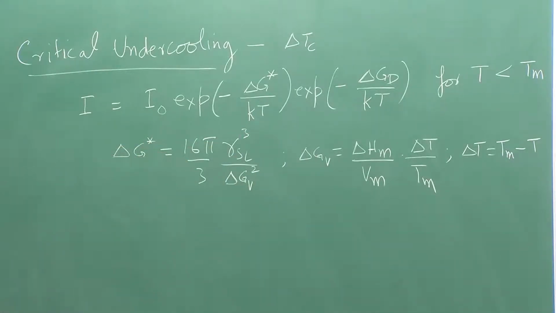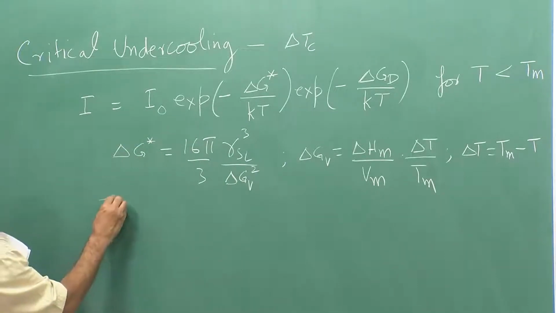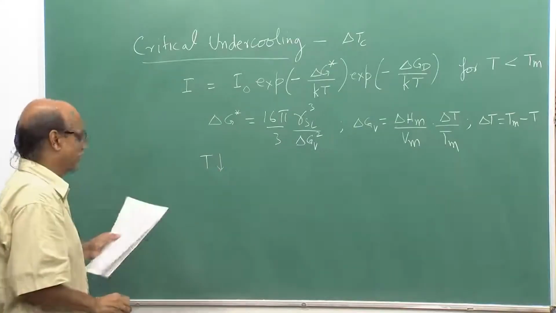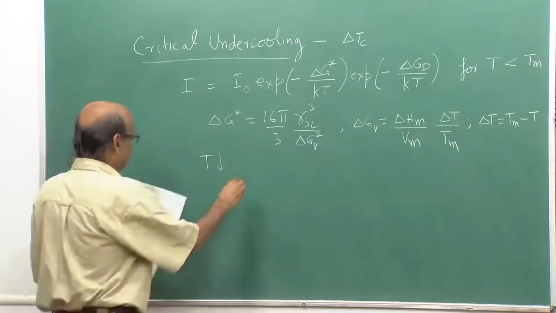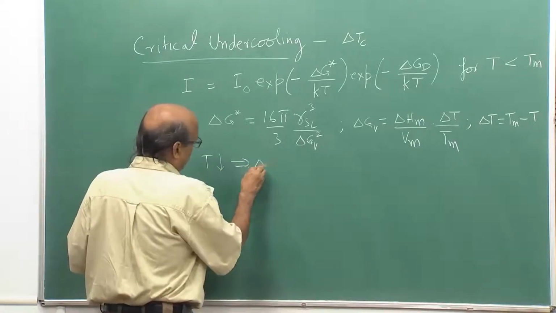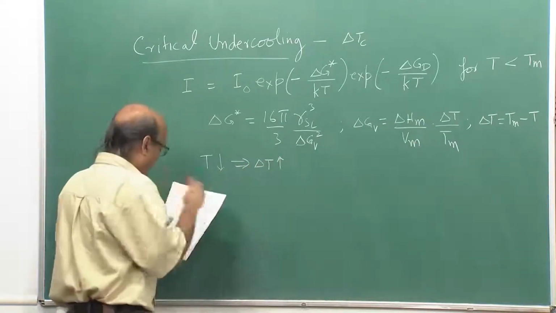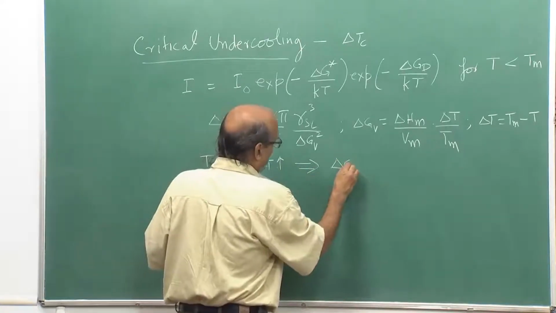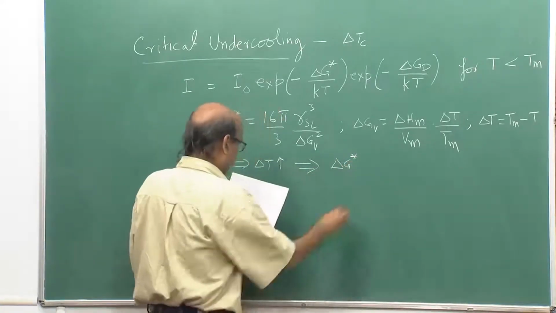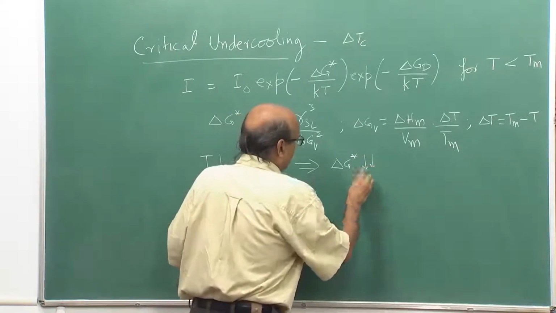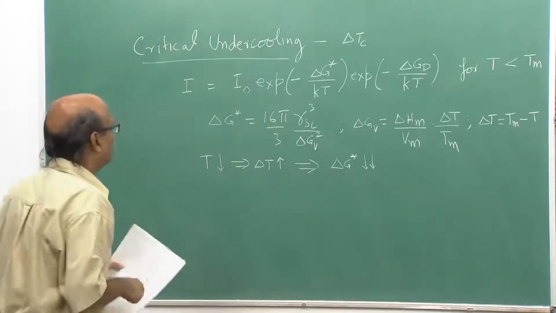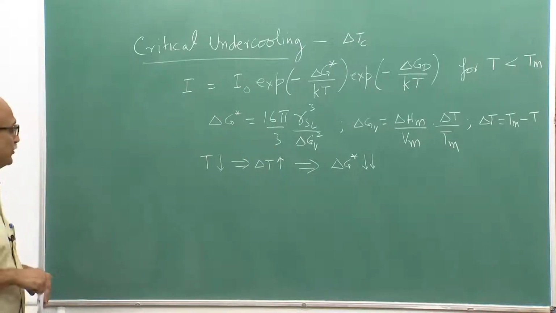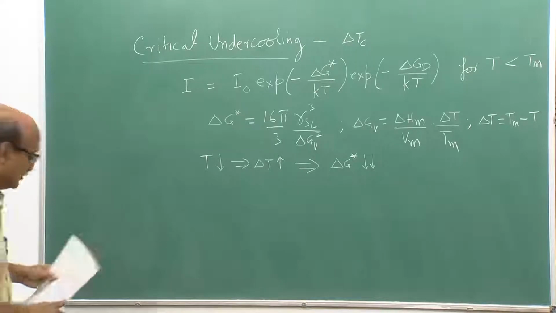You can very clearly see that if I increase the undercooling, that means I go down to a lower temperature, delta T goes up, and this would lead to a rapid reduction in the barrier to nucleation, or the critical free energy for nucleation delta G star.